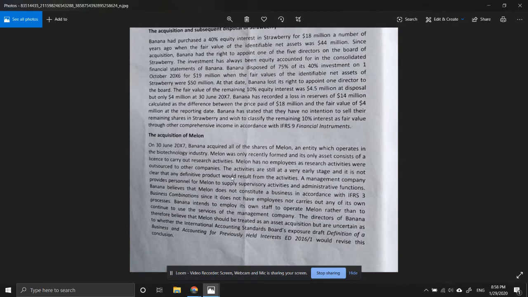So what are its inputs? Basically, first thing first is its license, right? And then it does not have any employees or anything.